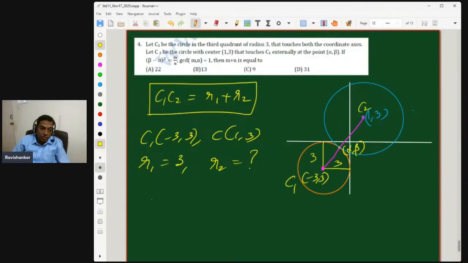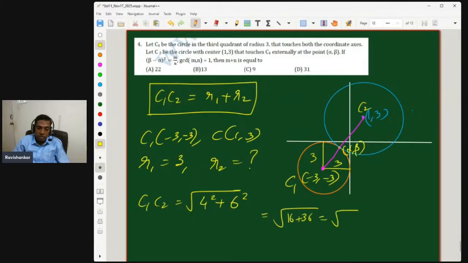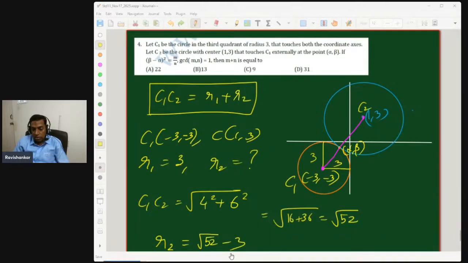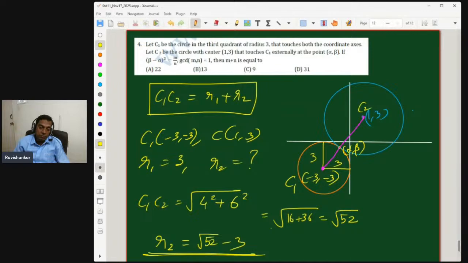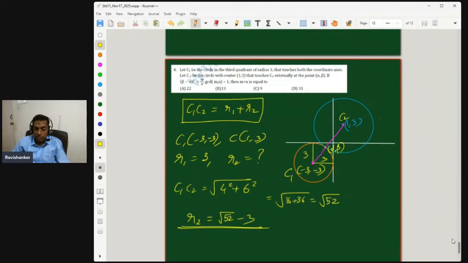So C1, C2 is equal to root of 4 squared plus, sorry, this is minus 3 minus 3. I put minus 3 comma 3, that's obviously wrong, third quadrant. So 4 squared plus 6 squared, which is root of 16 plus 36, which is root 52. So R2 is root 52 minus 3. It's a little bit of an ugly expression, but I don't think it matters too much.